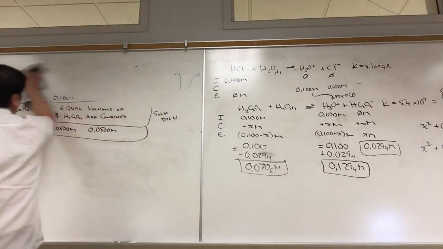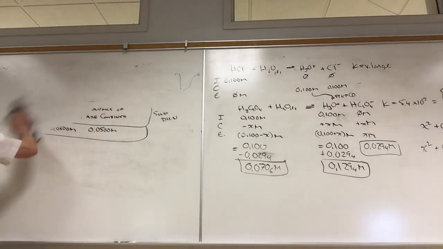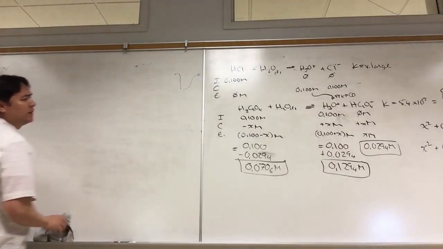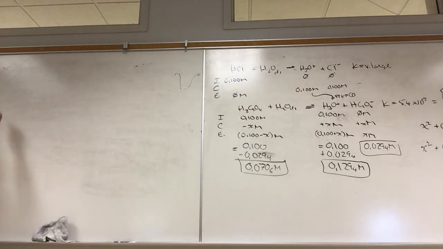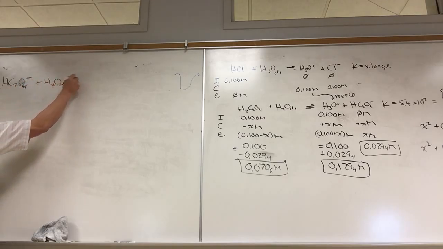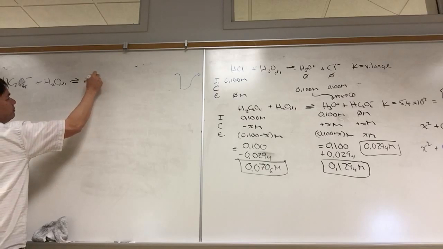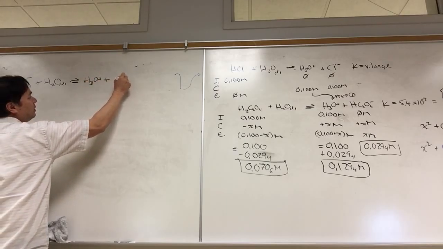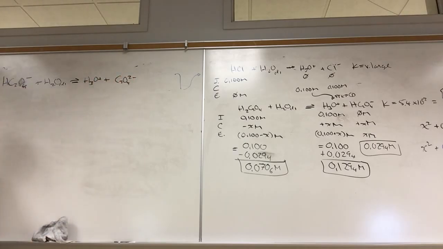And so we saw that step 2 generated quite a bit of hydronium, so maybe we should do step 3. Step 3 would be the second proton coming off oxalic acid. That would be the HC2O4 minus, the hydrogen oxalate ion, plus water, H2O liquid. This is going to give us hydronium and oxalate ion, C2O4 2 minus.